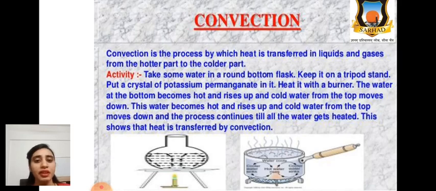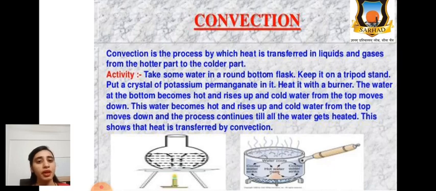We'll do this activity in our lab. Take some water in a round bottom flask, keep it on a tripod stand, put a crystal of potassium permanganate in it, and heat it with a burner. When we put potassium permanganate in it and then start heating with the burner, the water at the bottom becomes hot.